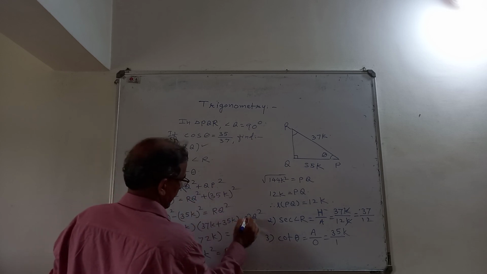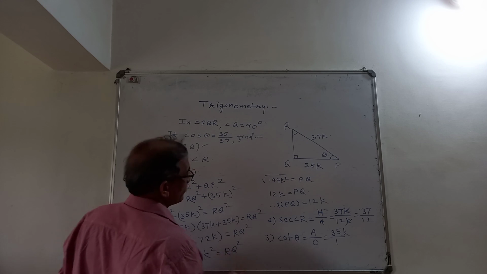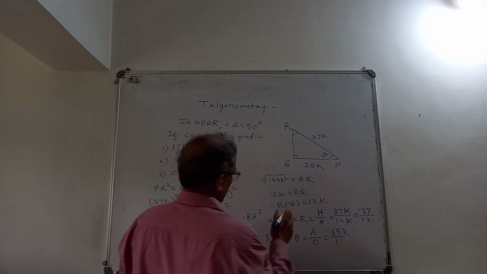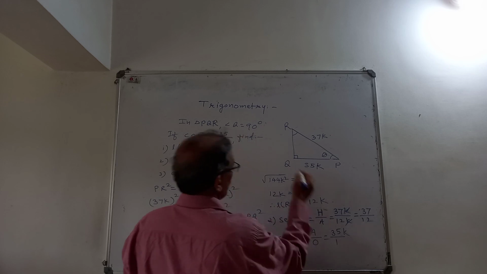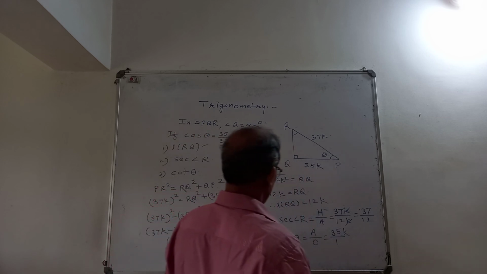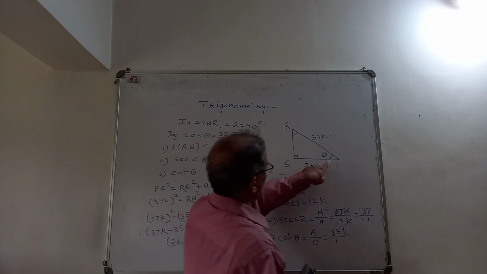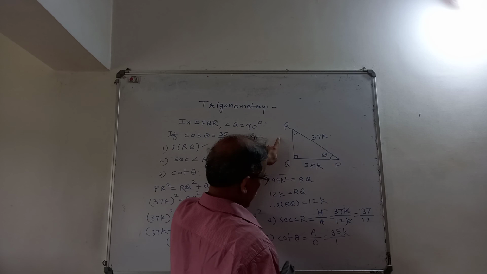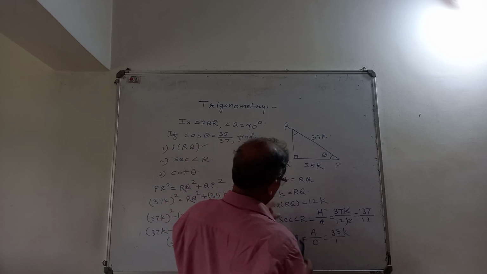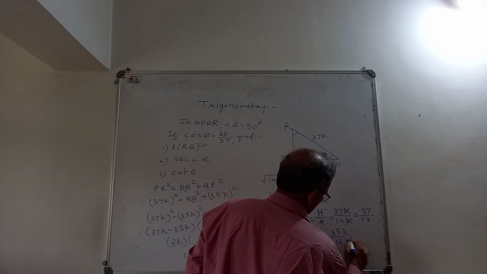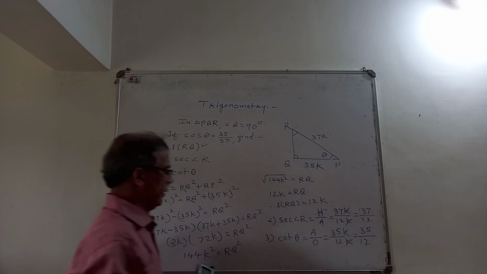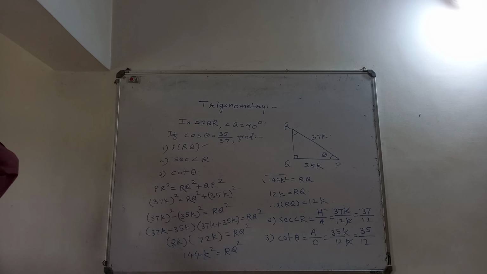So length RQ is equal to 12K. Now cot of theta is adjacent upon opposite, 35K upon RQ, which is 12K, so that is 35 upon 12. Like this, you have to find the ratios.